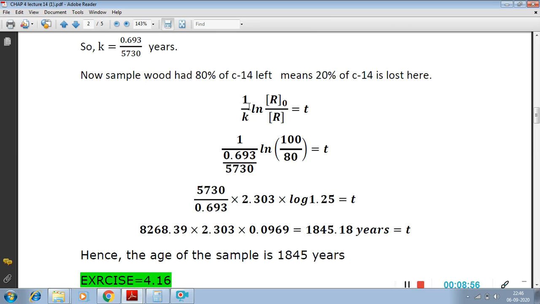R0 means at zero time the concentration will be 100%, so I have taken 100 here, divided by, when we found the sample, it has 80% of C14 left, so here I have written 80. 100 divided by 80 is equal to time t that we want to find out.